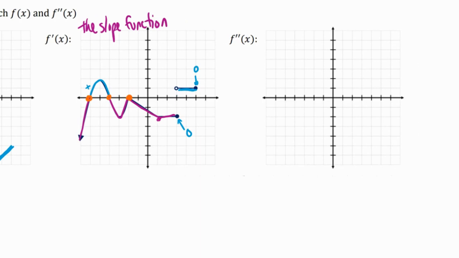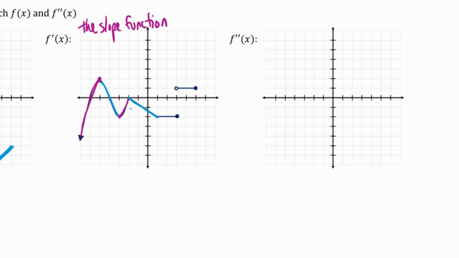Okay, now for f double prime, this is going to be different. Now I'm looking at where f prime is increasing, because there f double prime will be positive. So f prime is increasing until negative 5. It's increasing from negative 3 until negative 2, and then that's it. And then it's decreasing from negative 5 to negative 3 and from negative 2 to positive 1.